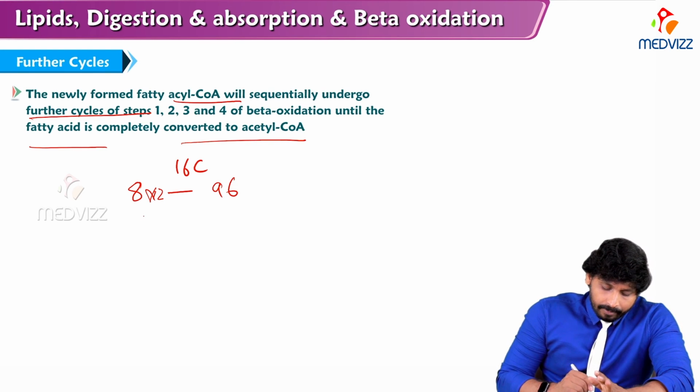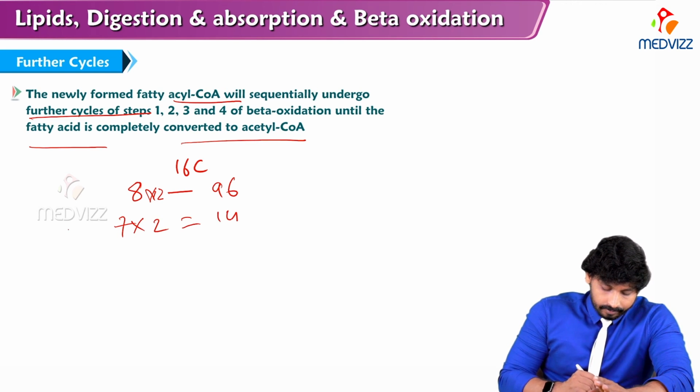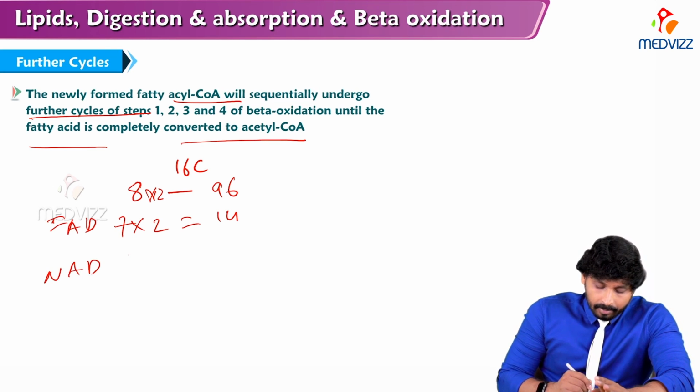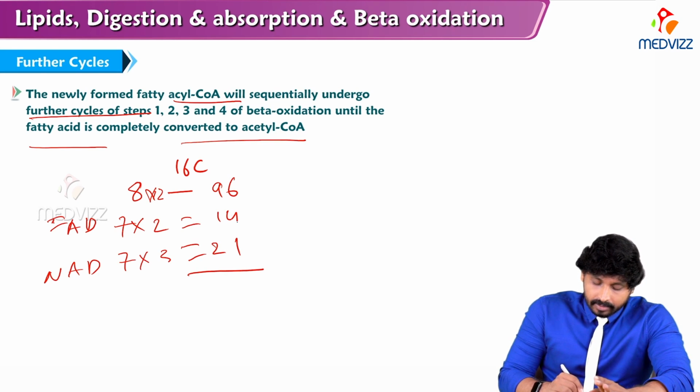Apart from that, 7 FADH2, 7 into 2, produce 14, and 7 NADH, 7 into 3, produce 21. Totally 96 plus 14 plus 21 gives 131.